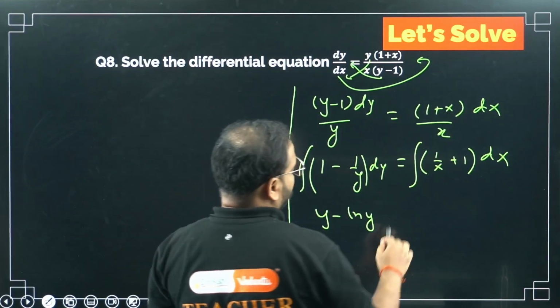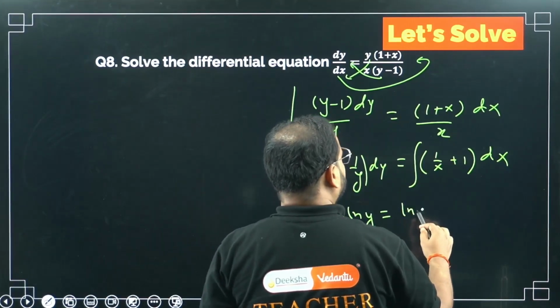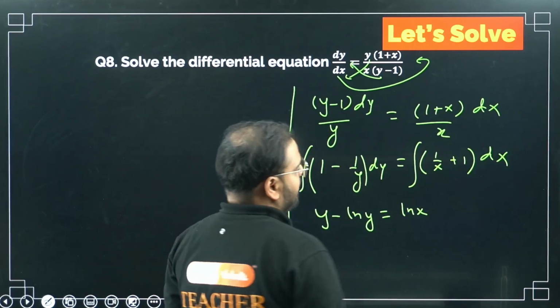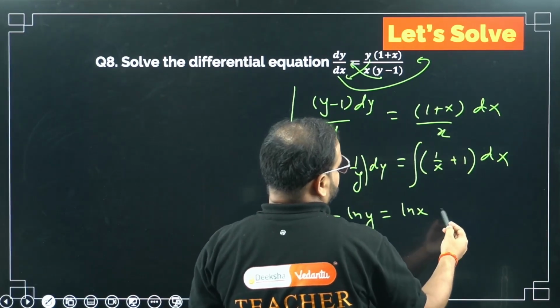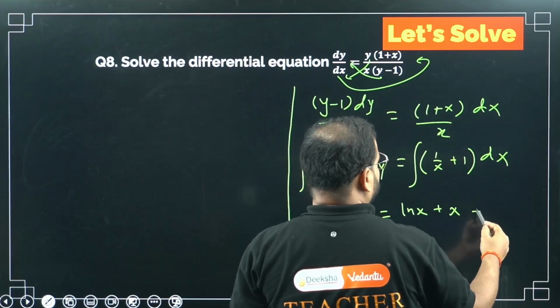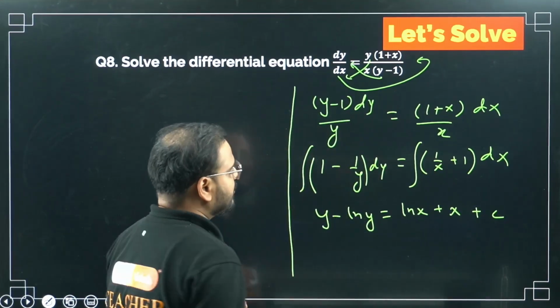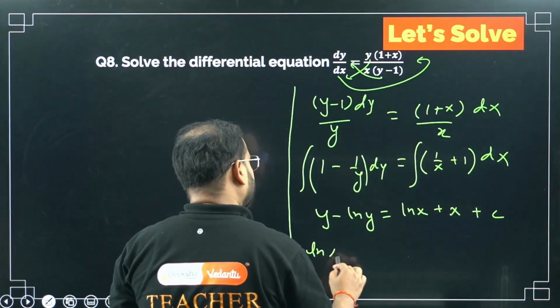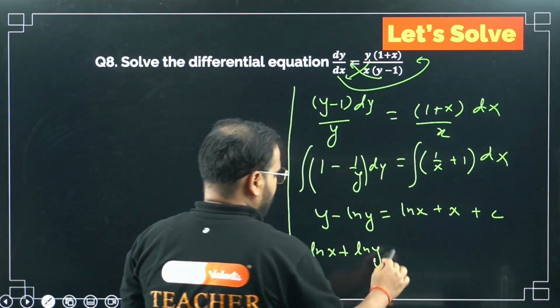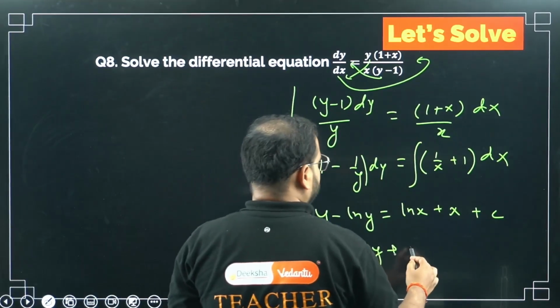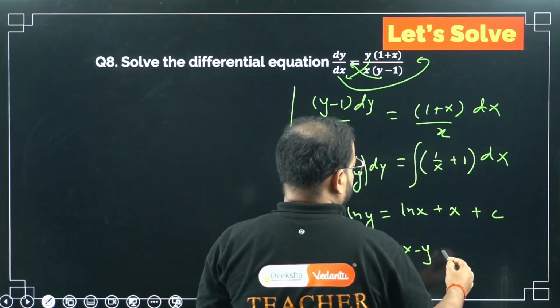For 1/x, I'll have ln x. And for 1 I will have x plus c. I'll bring everything on one side, so I'll get ln x plus ln y plus x minus y equals c.